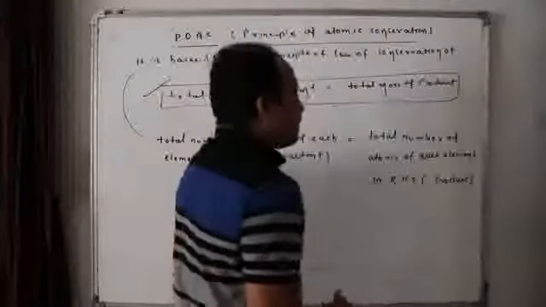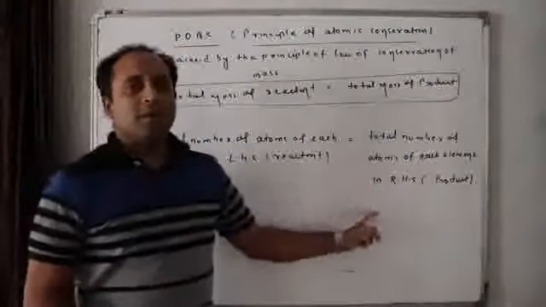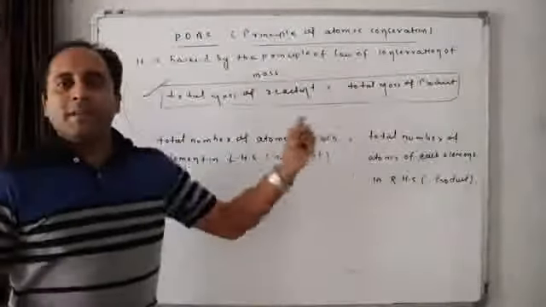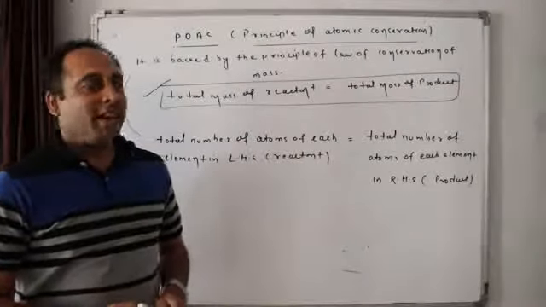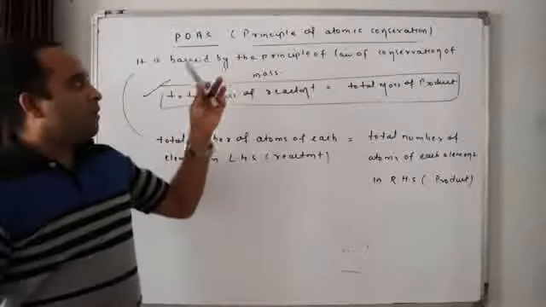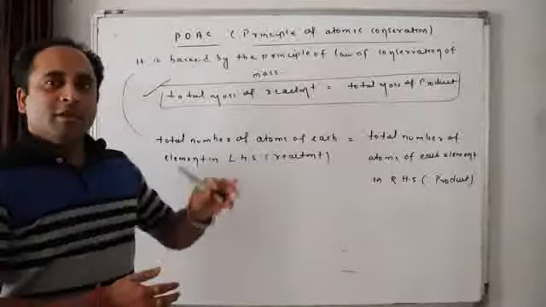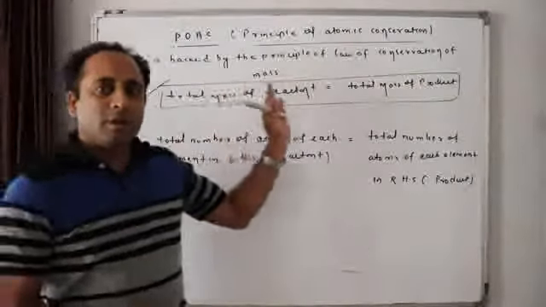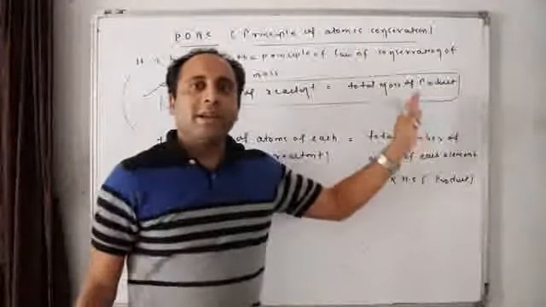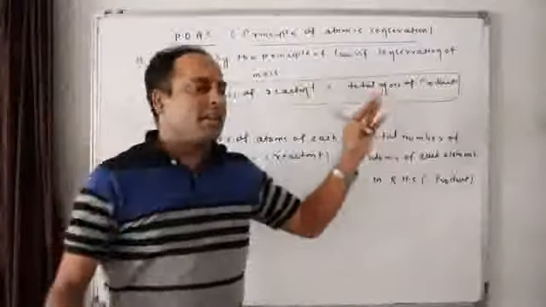That means total number of atoms in the reactants and the products of each element must be the same. This is based on the principle of conservation of mass, which says that total mass of the reactant should be equal to total mass of the product, except in nuclear reactions, which we will study at a later stage.